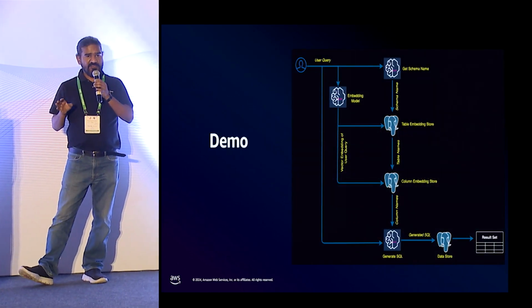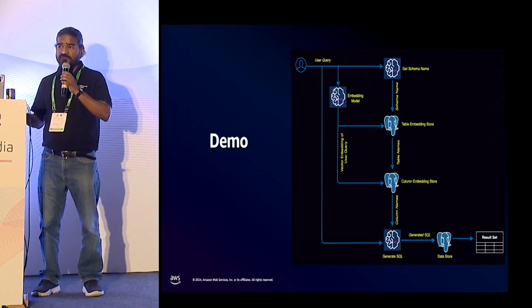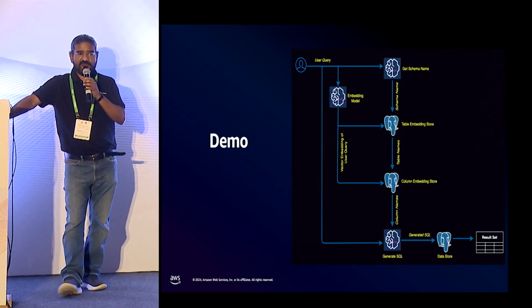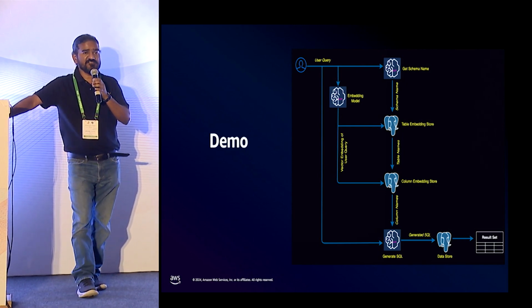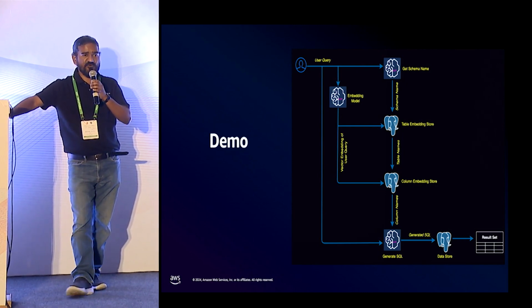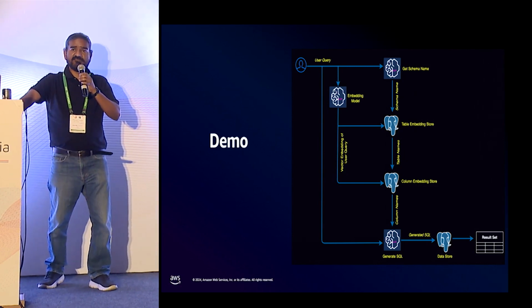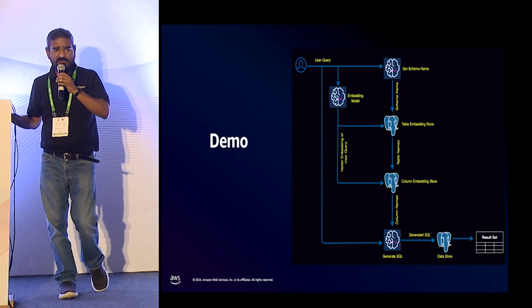Here is a small demo. We have a video for that, but let me walk you through our test case. What we are trying to do here is generate SQL queries using pure natural language. Assume if you ask an LLM to select 1,000 rows from some table, it can write it down.